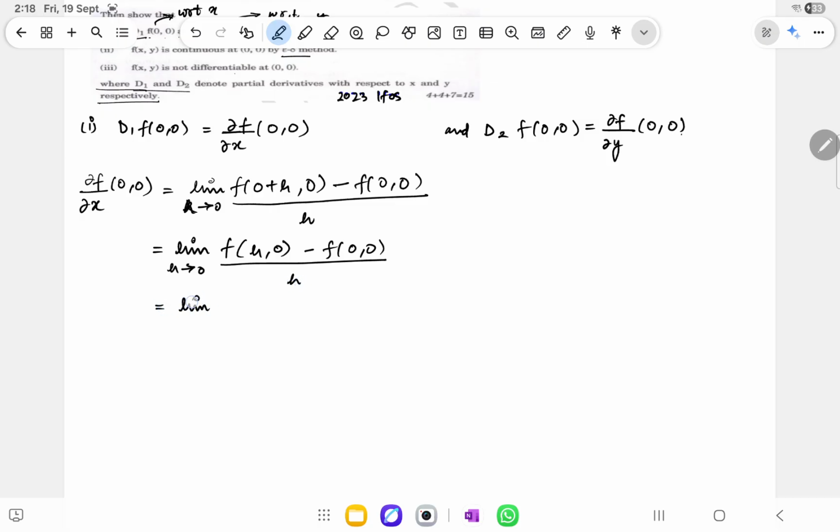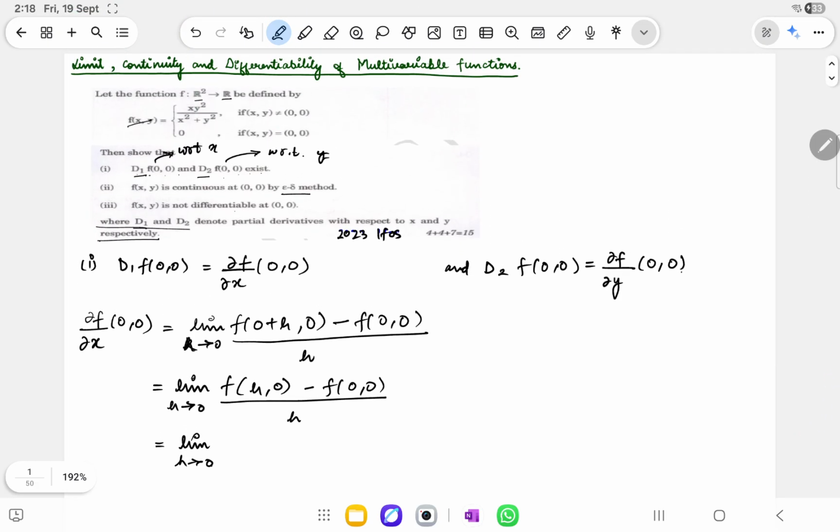Now f(h,0) will be h into 0 square divided by h square plus 0 square, which is 0.